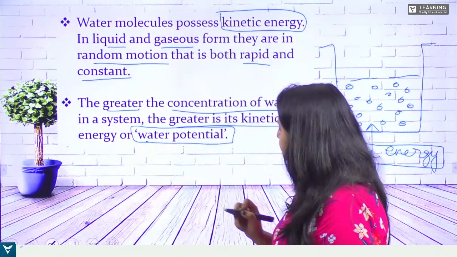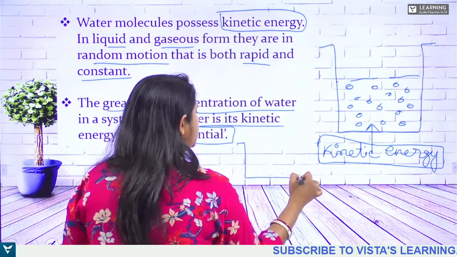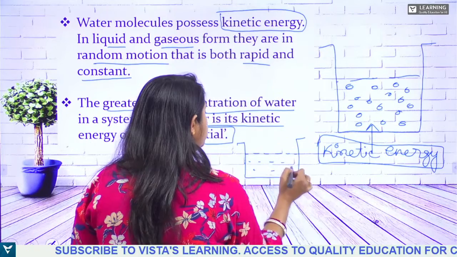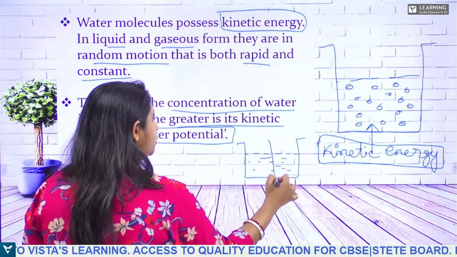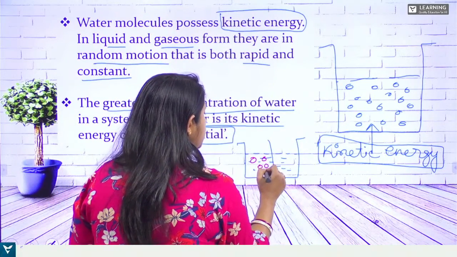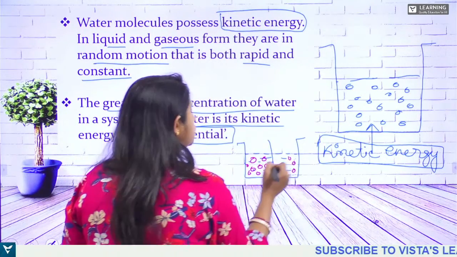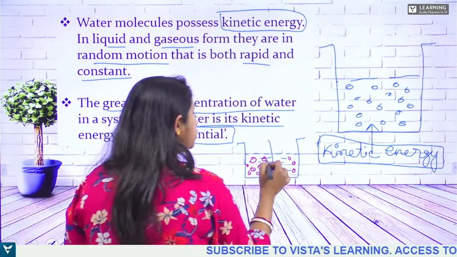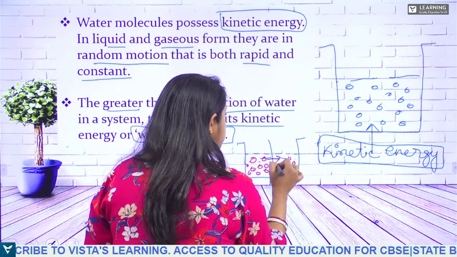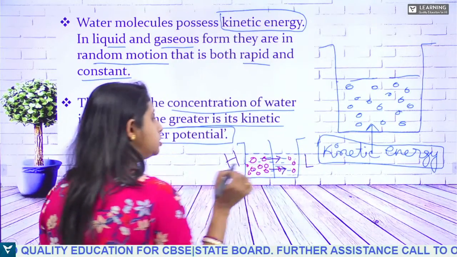Let's say here water molecules are present. See, the molecules here, this is higher concentration, and this is lower concentration. So in diffusion, the molecules move from the region of higher concentration to lower concentration.